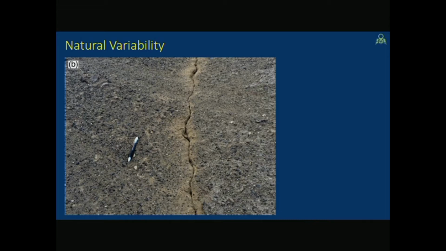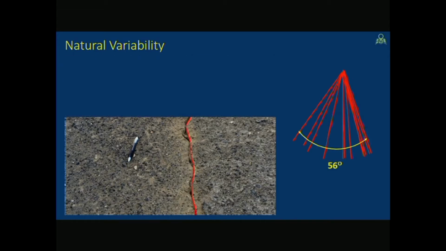Natural variability is something quite different. In natural variability, we have a crack in the surface of the Earth, and we can map it out at some particular scale. And we can see that at this scale, there's quite a large variation in orientation, in something that, of course, we can see with our eyes has a very similar general trend.